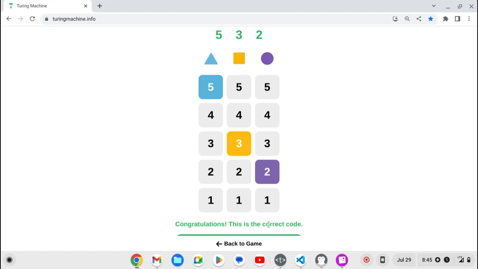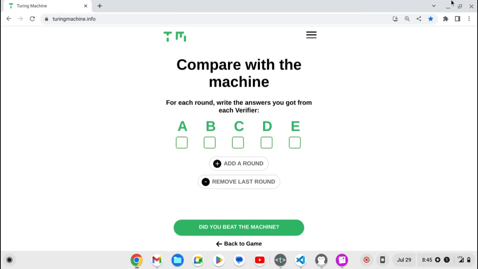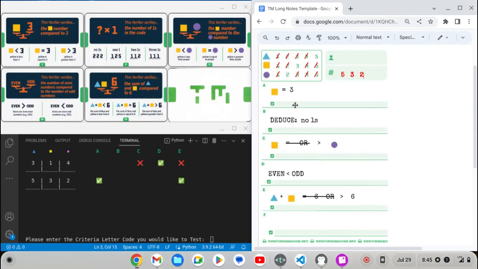Excellent. All right. Well, let's see how we did versus the Turing machine. Okay, so we did do 5 overall tests, which equals the number of criteria. We were lucky that we were able to deduce that there were no 1s. And so let's go ahead and type up CDE and then AE.